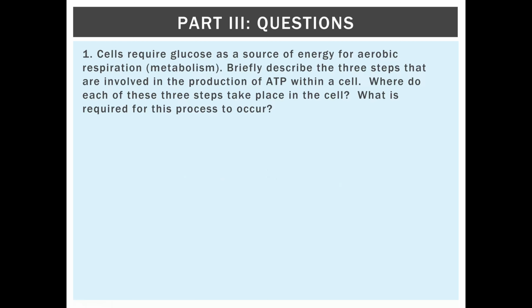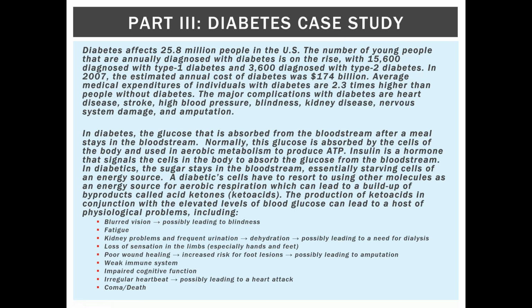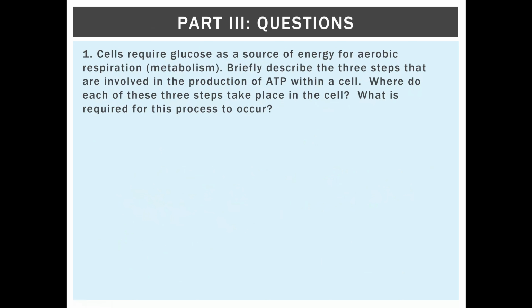So basically, in diabetes, even though you're eating and getting glucose into your blood, the glucose is not getting from the blood to your cells, and your cells are essentially starving.